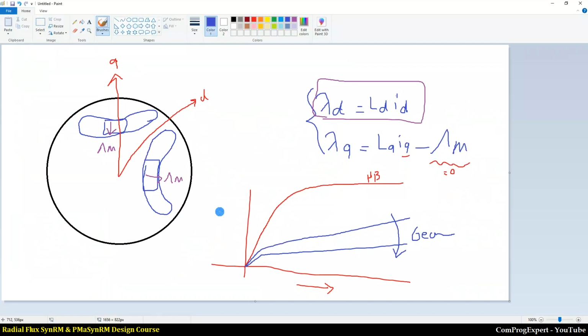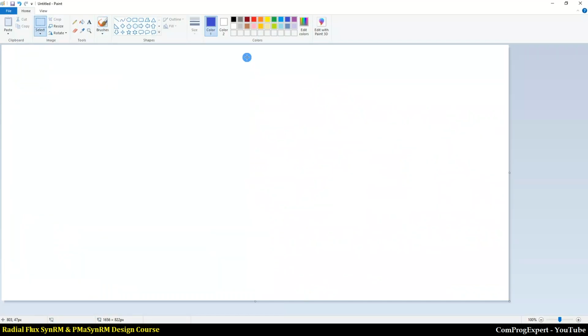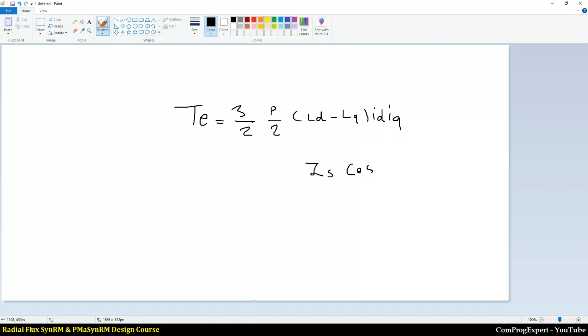You remember this equation for the reluctance torque? The reluctance torque is 3 divided by 2, P divided by 2 number of poles, times LD minus LQ, times ID and IQ. We know that ID is IS times cosine of the current angle, and IQ is IS times sine of current angle.